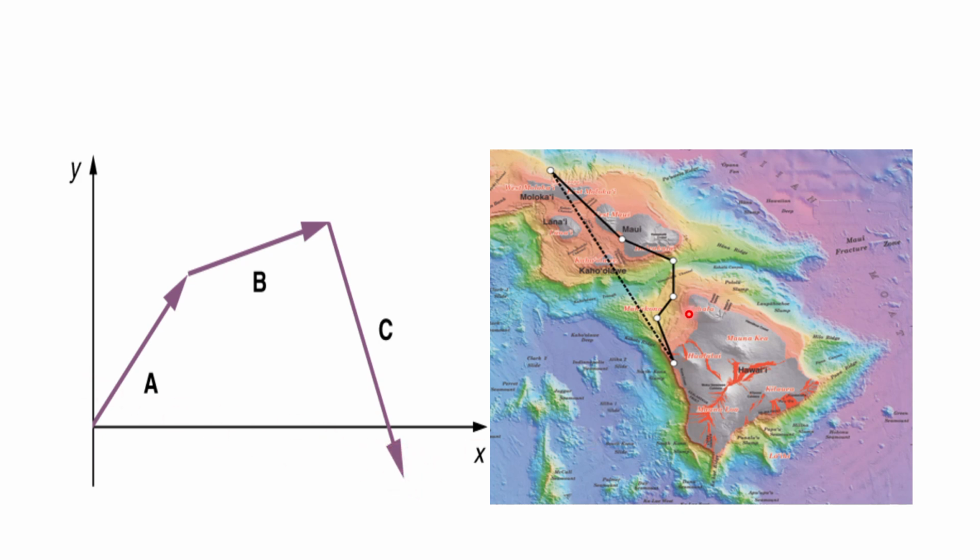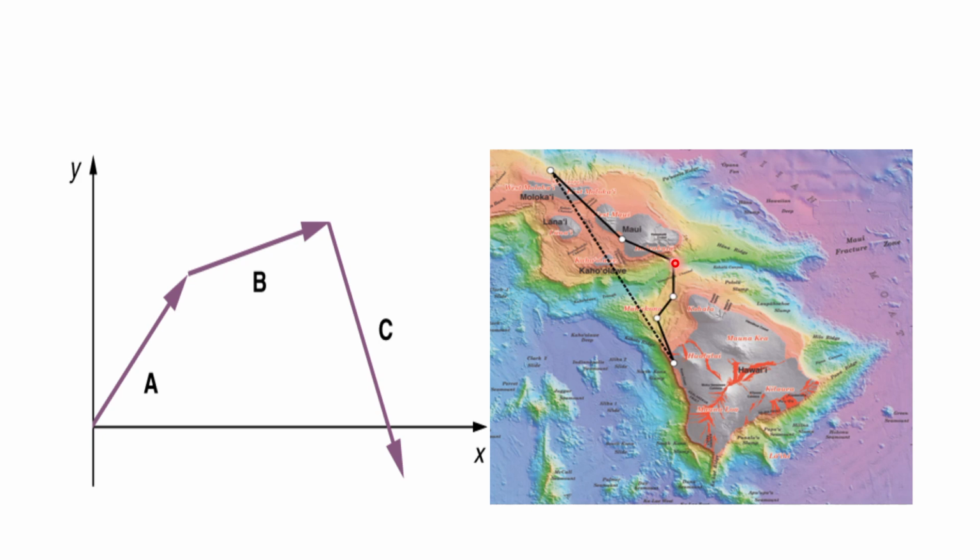In the same way we have a simple example here as well. We start from here. The first vector is in this direction, then we add the second vector in this direction, the tail of the second vector attached to the head of the first vector.